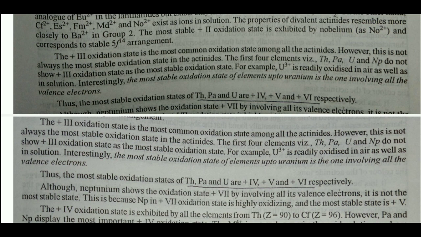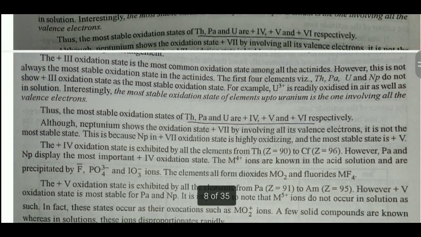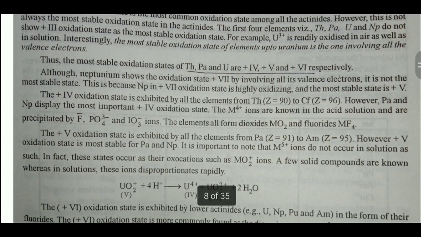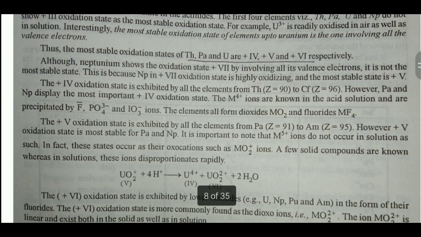Interestingly, the most stable oxidation state of elements up to uranium is the one involving all the valence electrons. Thus, the most stable oxidation states of Th, Pa and U are +4, +5 and +6 respectively. Although neptunium shows the oxidation state +7 by involving all its valence electrons, it is not the most stable state. This is because Np in +7 oxidation state is highly oxidizing and the most stable state is +5.